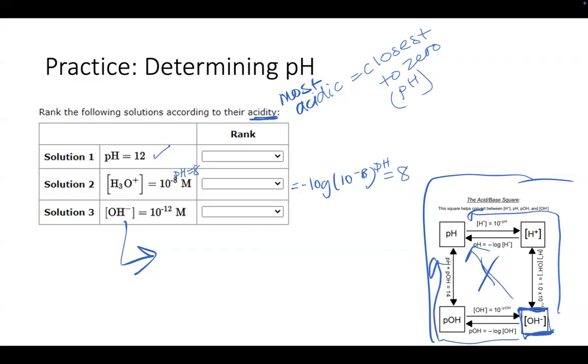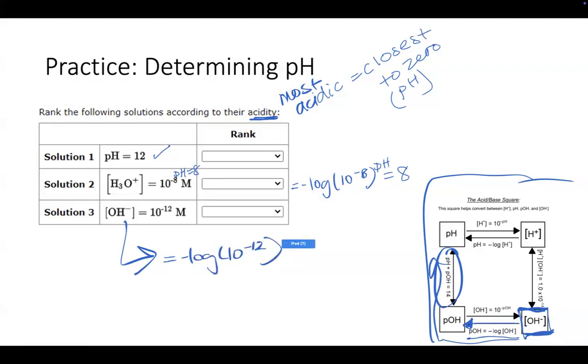And like I just said with the previous problem, I always like to go in the direction that includes the pH plus pOH formula, just because it's less room for error. So first, I would find the pOH. This is my first step, finding the pOH using the negative log. So I'd say negative log of 10 to the negative 12, which happens to be 12. And then pH plus pOH is my second step. So this is step 1.